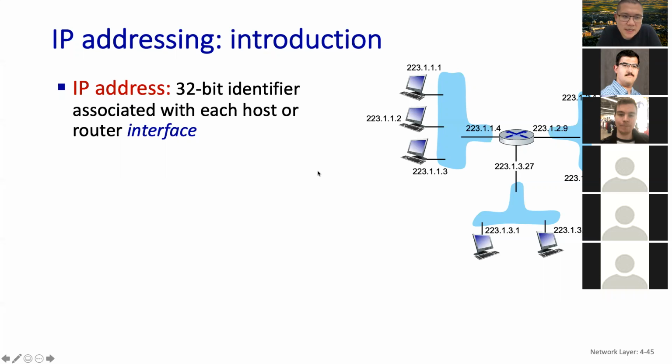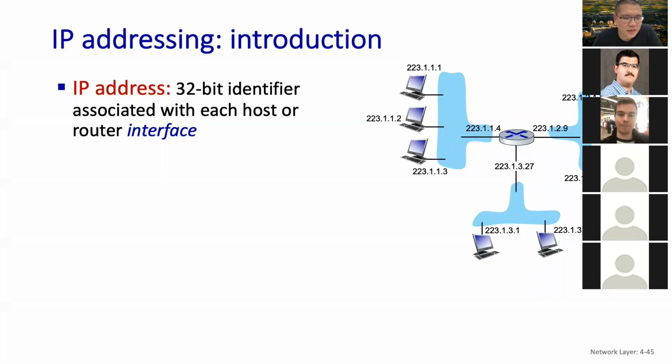Generally speaking, an IP address is a 32-bit identifier associated with each host or router interface. Okay, so here is a definition. If you are using IPv4, the IP address is 32 bits. You can see 32 bits, 011001, something like this.